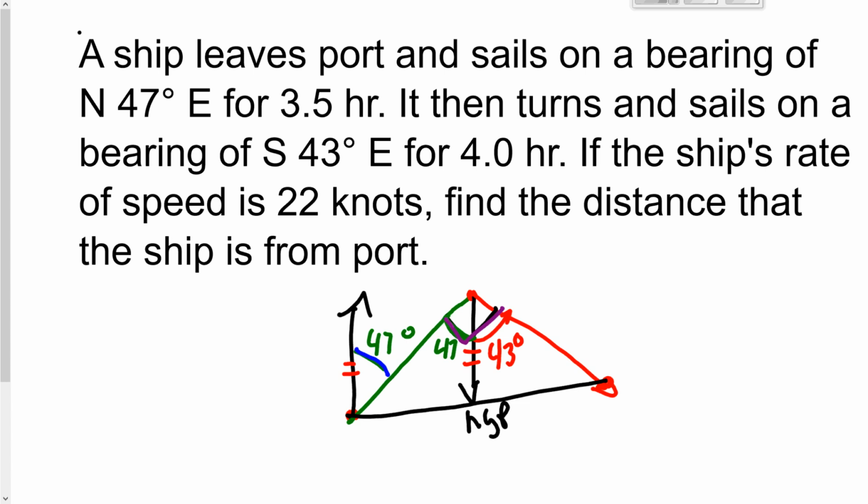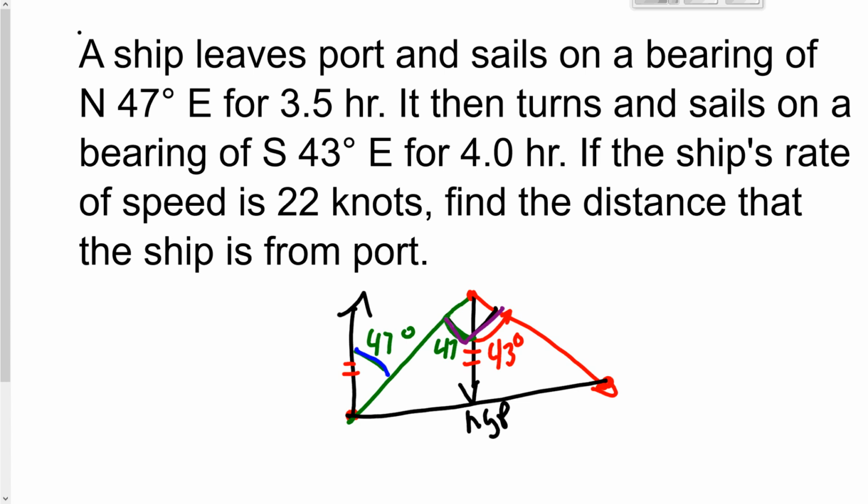Okay, so we have our right angle, and then we have this triangle, and we want to figure out what this distance, the hypotenuse, is. We don't actually have to use trig functions here, because nautical miles is just dealing with distance over time.